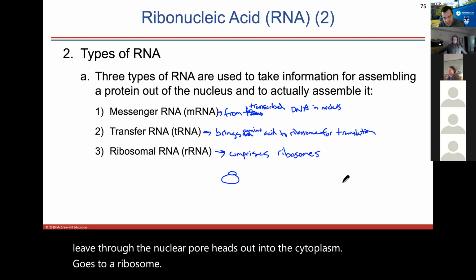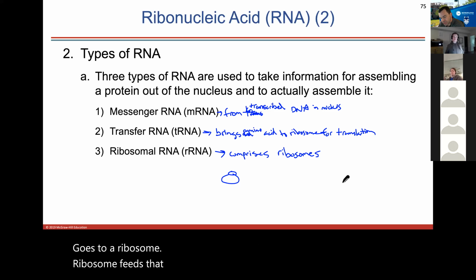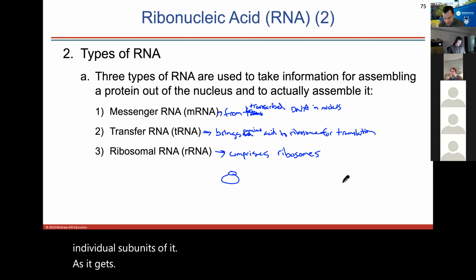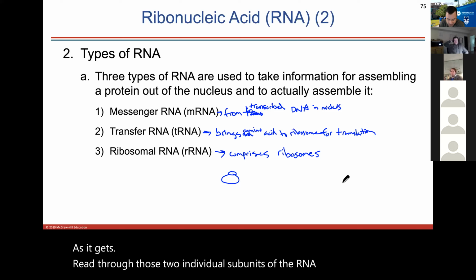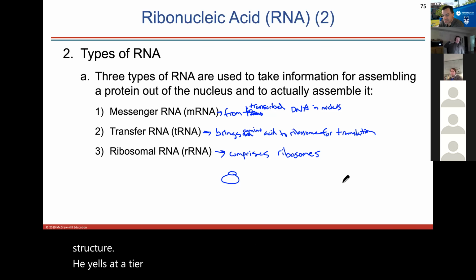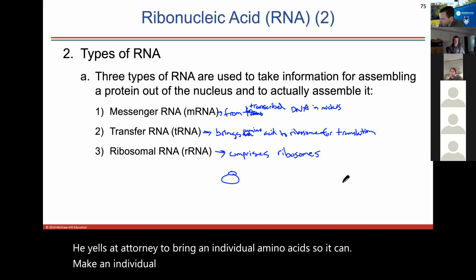Ribosome feeds that string of messenger RNA in between the two individual subunits of it. As it gets read through those two subunits of the ribosome structure, it yells at a tRNA to bring in individual amino acids so it can make an individual protein. And that's the translation part, right? And again, that happens out in the cytoplasm.